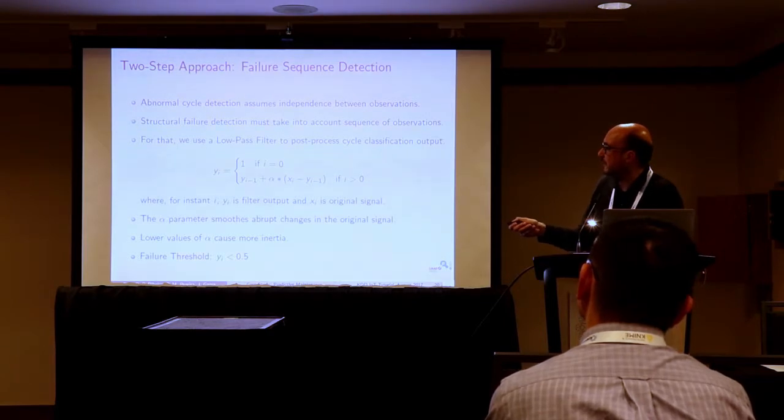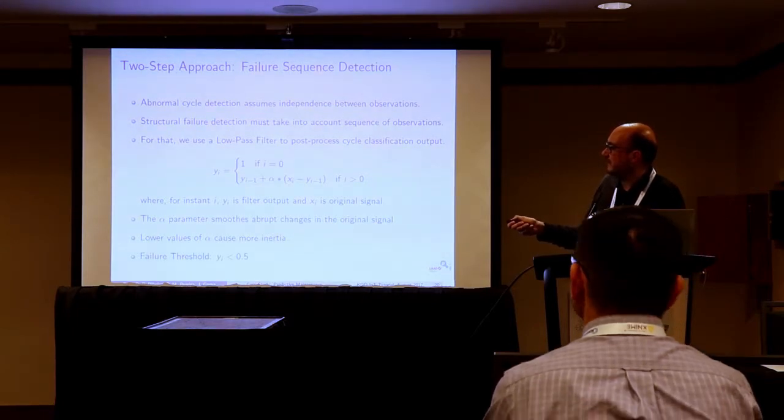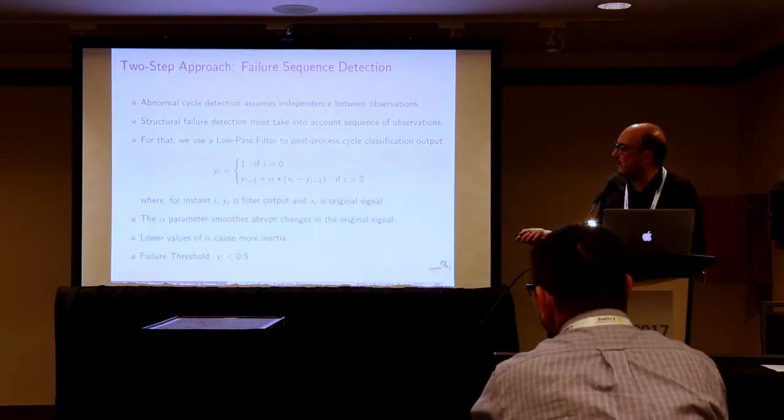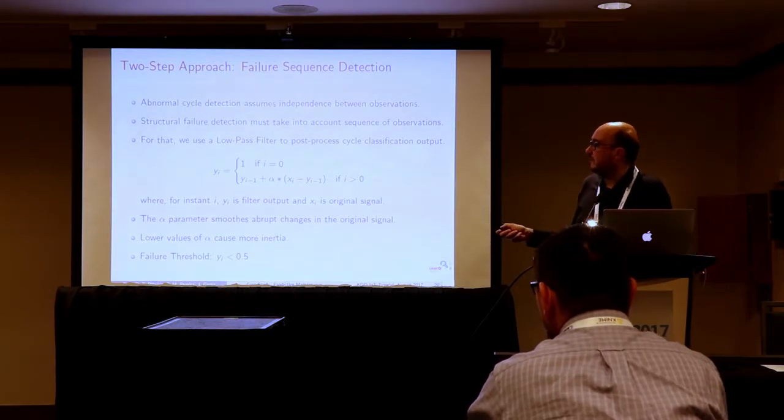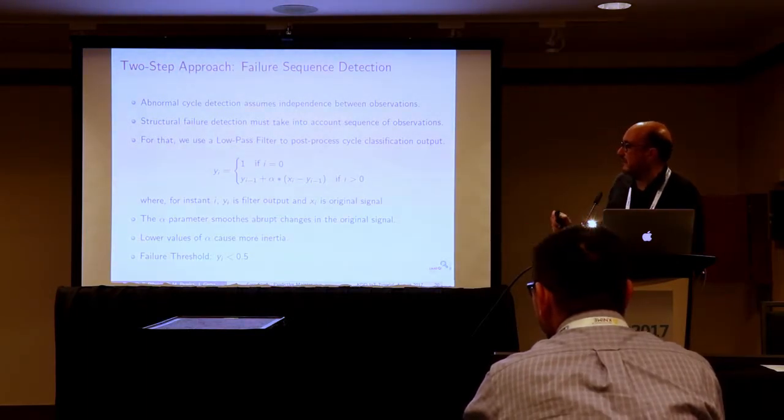We have this variable y, and we start with 1, and then for each new measure xi that arrives, we multiply it by alpha. This is the smoothing parameter. Then we multiply the previous value, y at i minus 1, by 1 minus alpha.